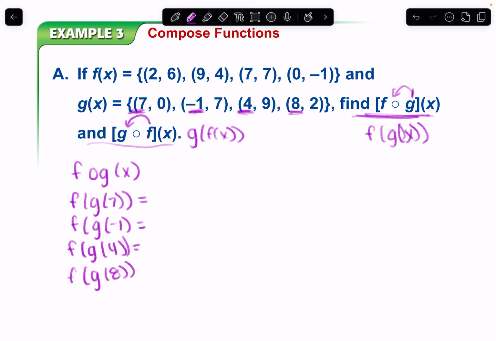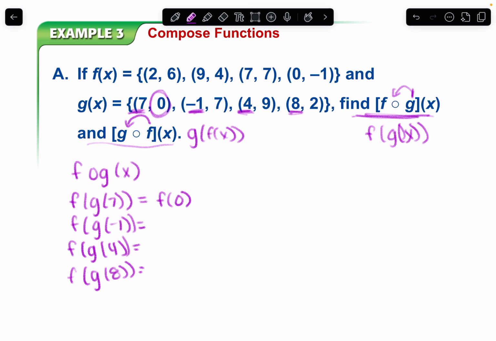For g of 7, what I'm looking at when I plug in g of 7, I get that it is equal to 0. So I'm really then looking at my y value.